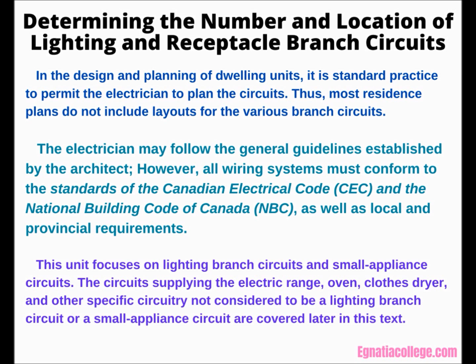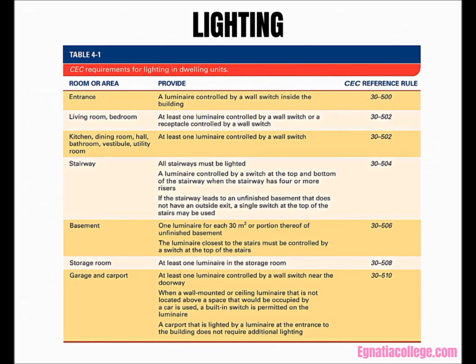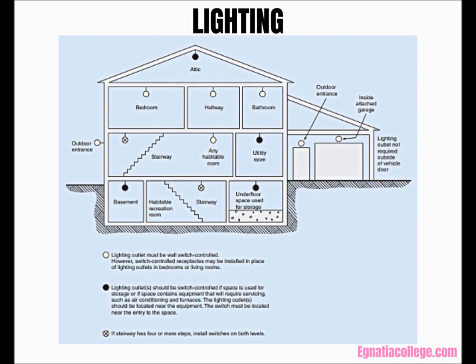Lighting. In this unit, we look at where lighting fixtures and receptacles must be located to meet the minimum requirements of the CEC. Lighting fixtures, luminaires, lamps, and ballasts will be covered in Unit 10. The CEC has adopted these requirements, which are found in Rules 30-500 through 30-510.